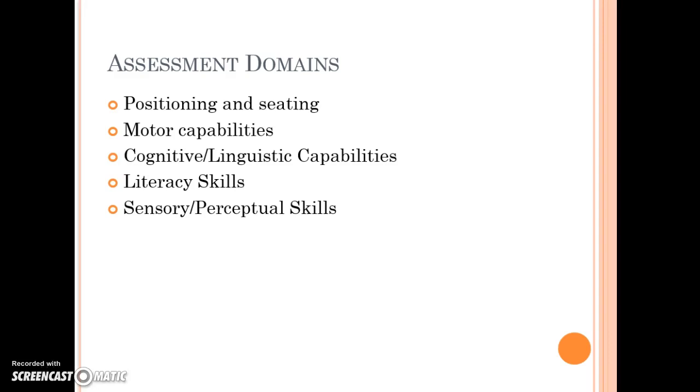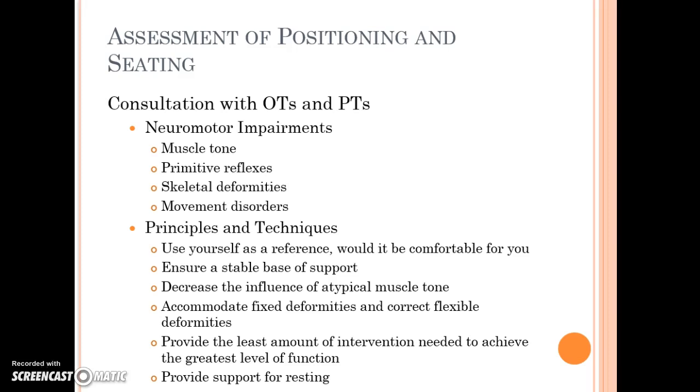These are some of the assessment domains you're going to look at: positioning and seating, motor capabilities, cognitive linguistic capabilities, their literacy skills, that one is very important, and the sensory perceptual skills. I'll let you look through all of the assessment for positioning and seating. There are definitely things to be aware of, but you should not be working alone.